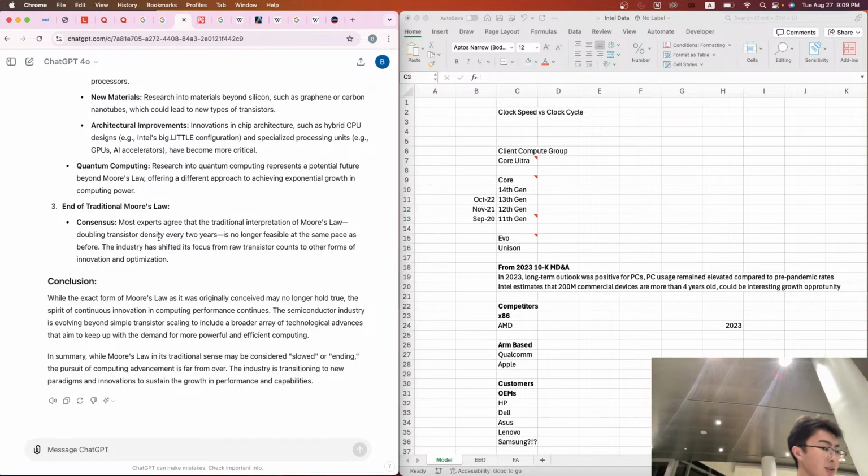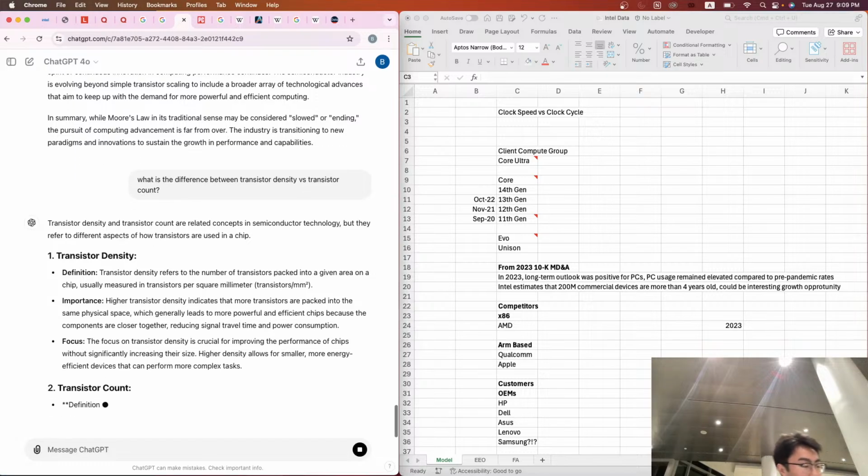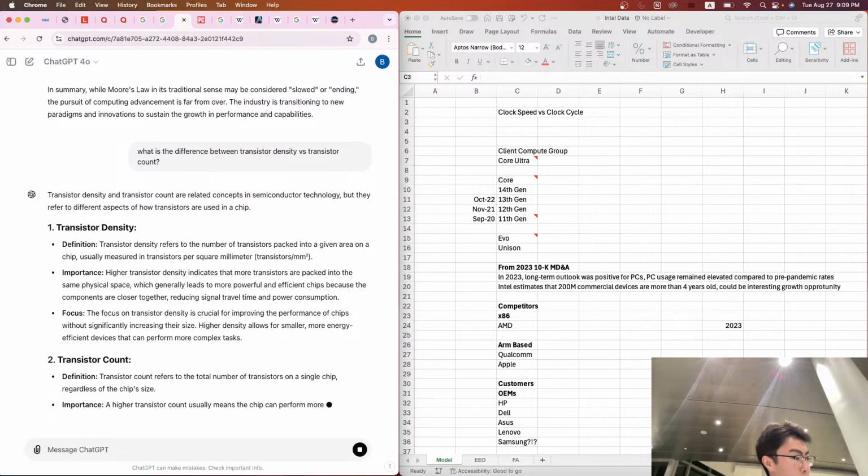Okay, so what's the difference between transistor density versus raw transistor count? I guess how small of a transistor you can fit onto a wafer. Here.